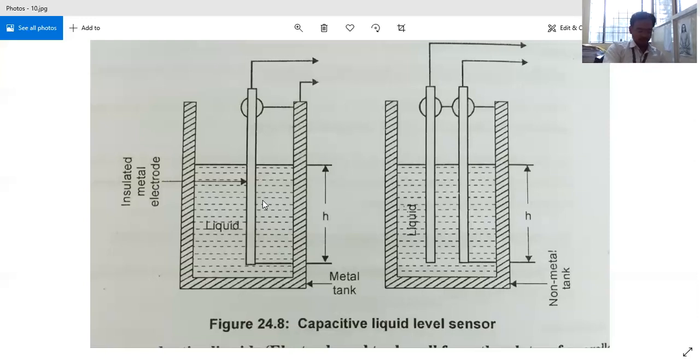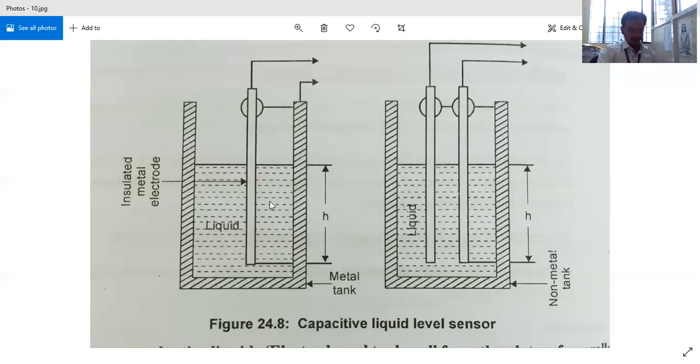Now, for non-conductive liquids, the electrode and the tank wall form the plates of the parallel plate capacitor, and the liquid between them acts as a dielectric medium. This liquid is the dielectric medium for non-conductive type of liquids.